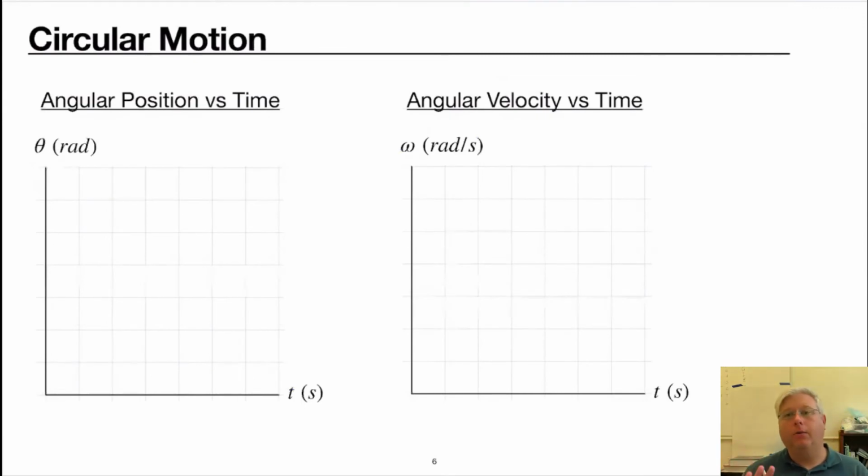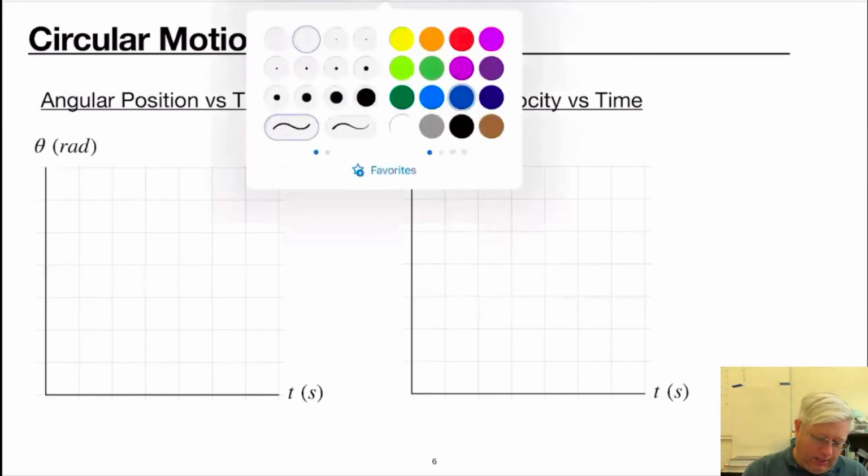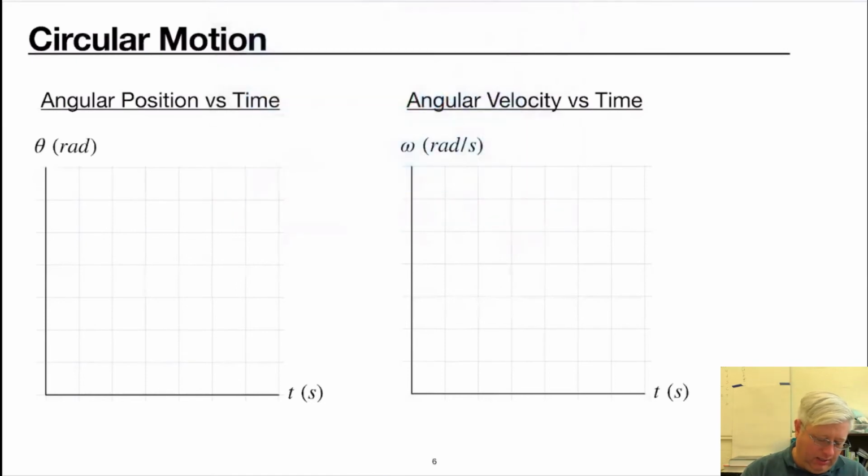Okay, and so like with linear displacement, position, and velocity, we can also graph angular position and velocity. So if we have a constant angular velocity, then on an angular position versus time graph, it's going to look like a straight line, right? Like we've seen before.